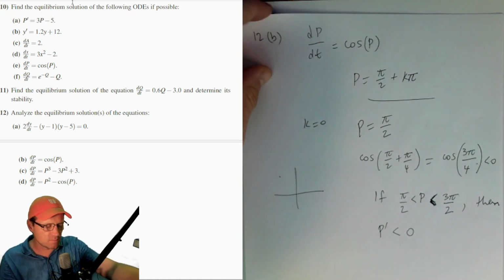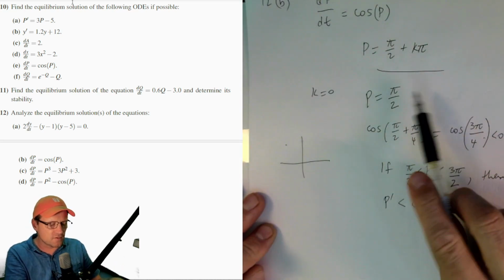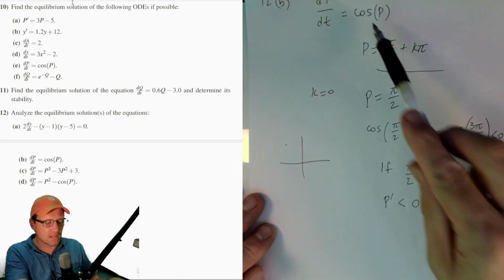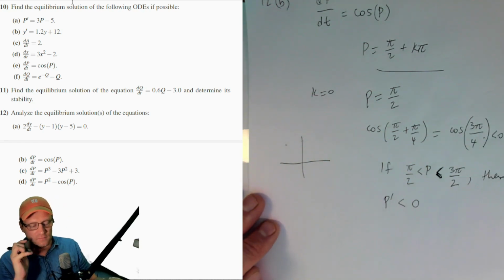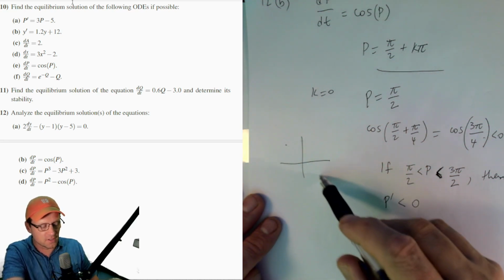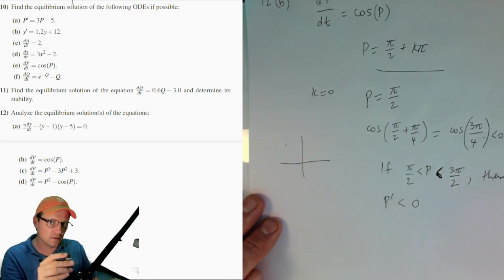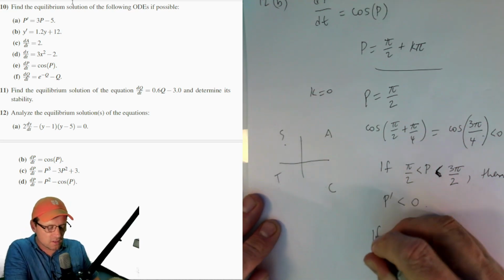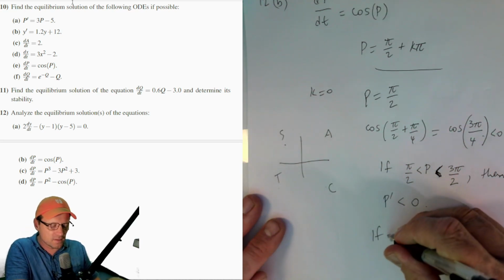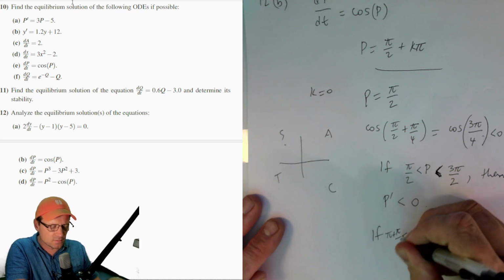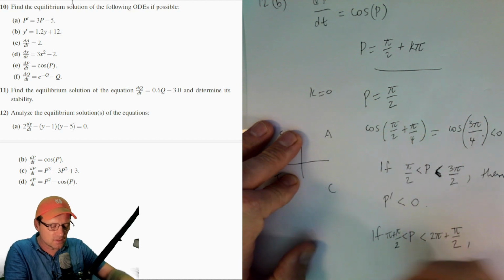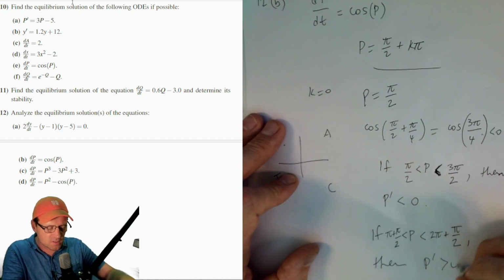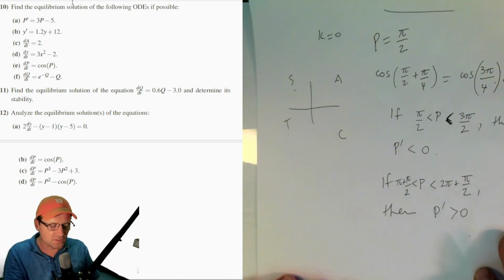Okay, now let's do the same thing in the next section. So if I evaluate this at 3 pi on 4 plus pi, then we have 7 pi on 4, which is in the fourth quadrant. So in that case, cos will be positive. Okay, so if p is greater than pi plus pi on 2, but less than 2 pi plus pi on 2, then p dash is positive. And so we have alternating stability.